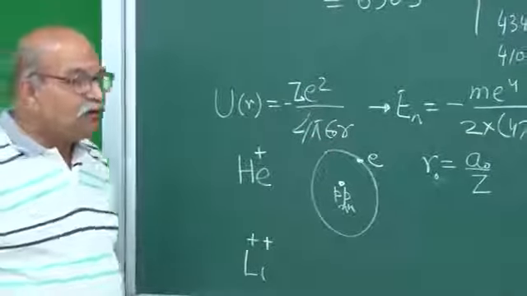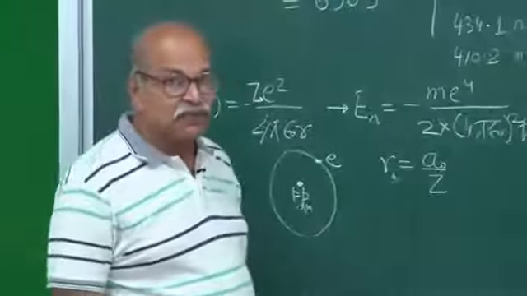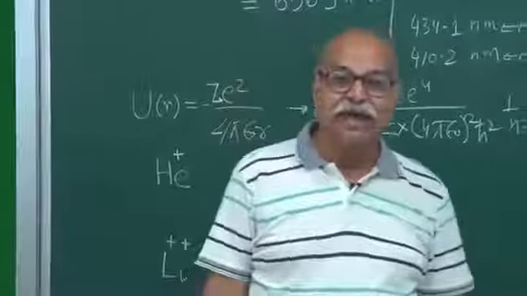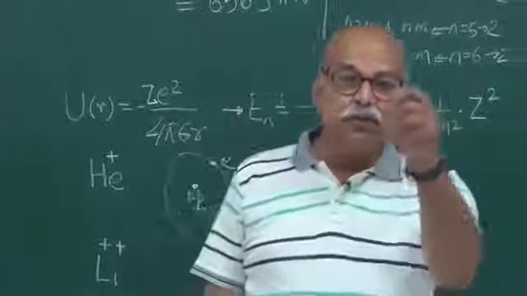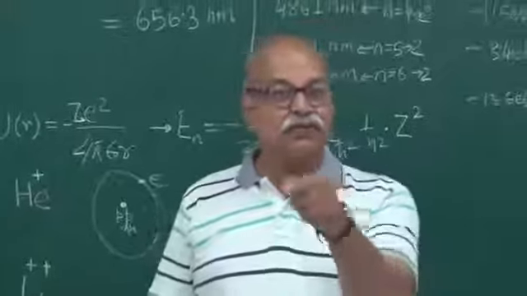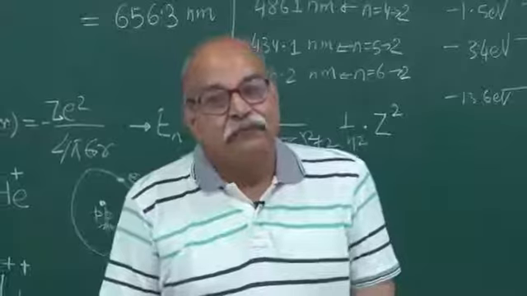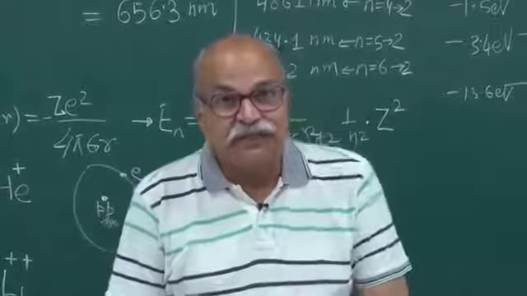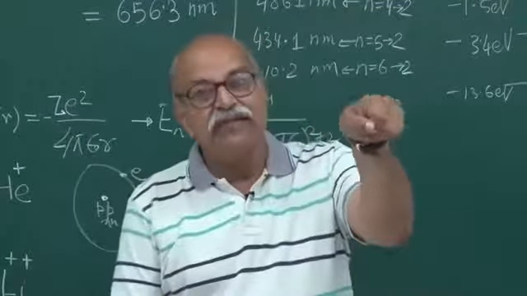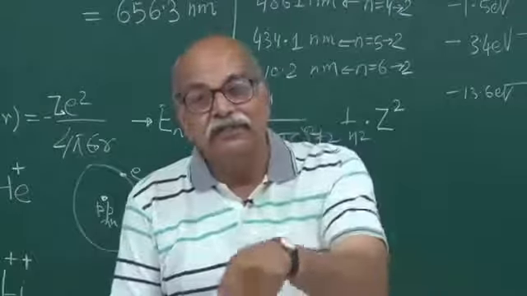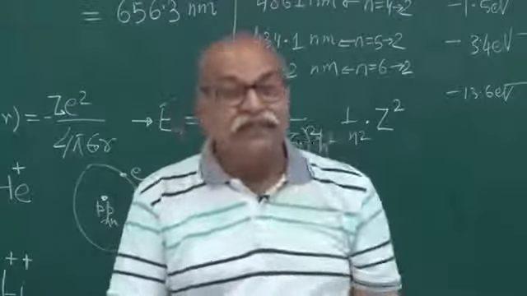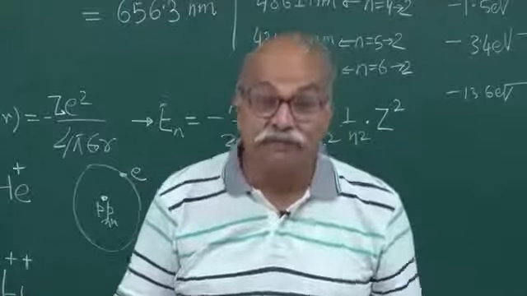But then if you talk of helium atoms, not helium ions, helium atoms, where you have 2 protons and then you have 2 electrons. That means the potential energy of any of these 2 electrons, if you write it in the field of the nucleus and the other electron, is not of Coulombic type.